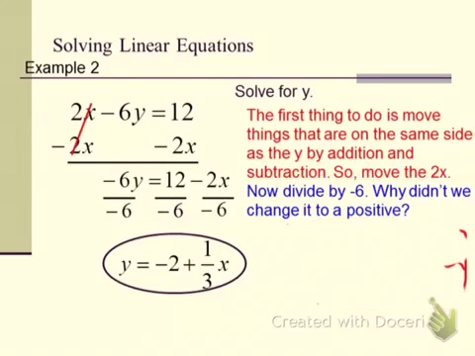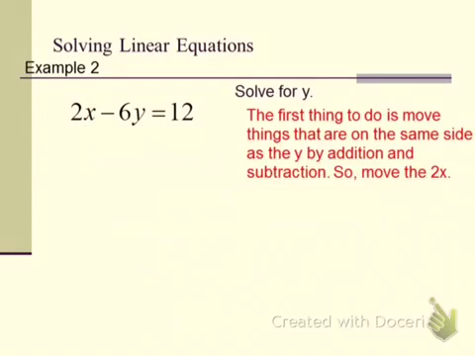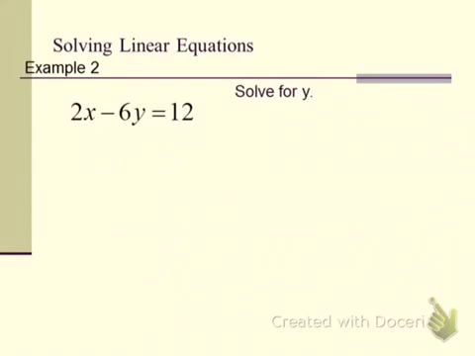Okay. Let me go back and ask you a question about this original problem. See who remembers this as we're kind of reviewing and closing up shop for the year. 2x minus 6y equals 12. Is that in standard form? Yes or no?